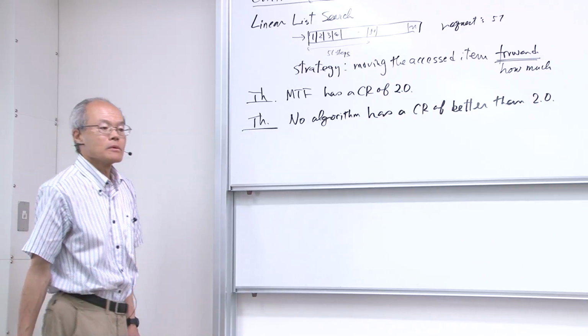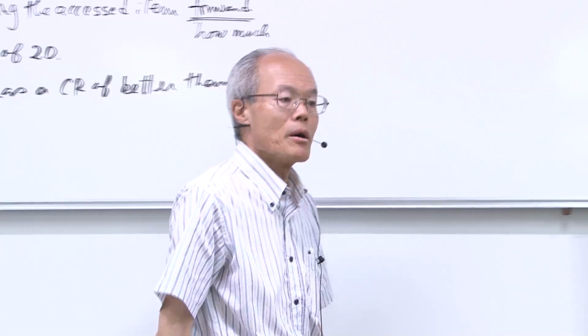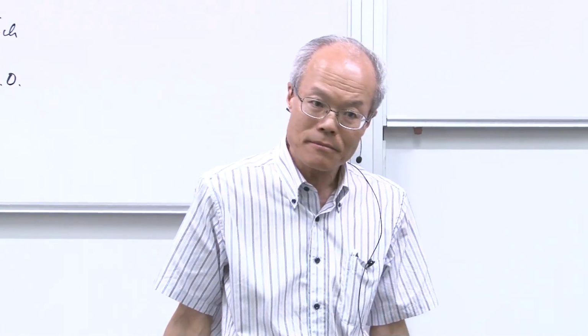No online algorithm has a competitive ratio of, for example, 1.99.